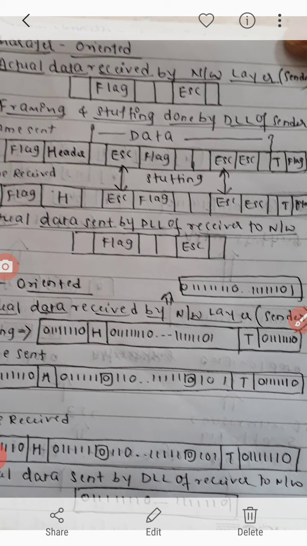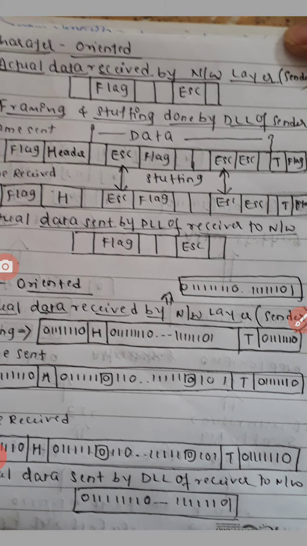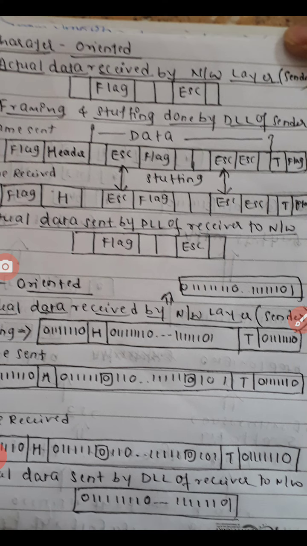Then we have first a blank character, and the second character is a flag, but it should be stuffed, or prefixed with the escape. Then we have the flag, again a blank character, another blank character, then we have the escape. This escape is prefixed with another escape character, then we have the blank.